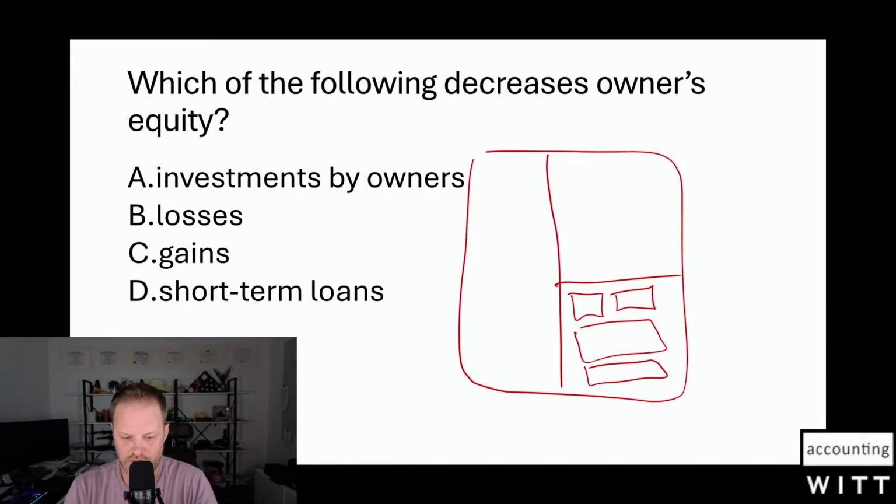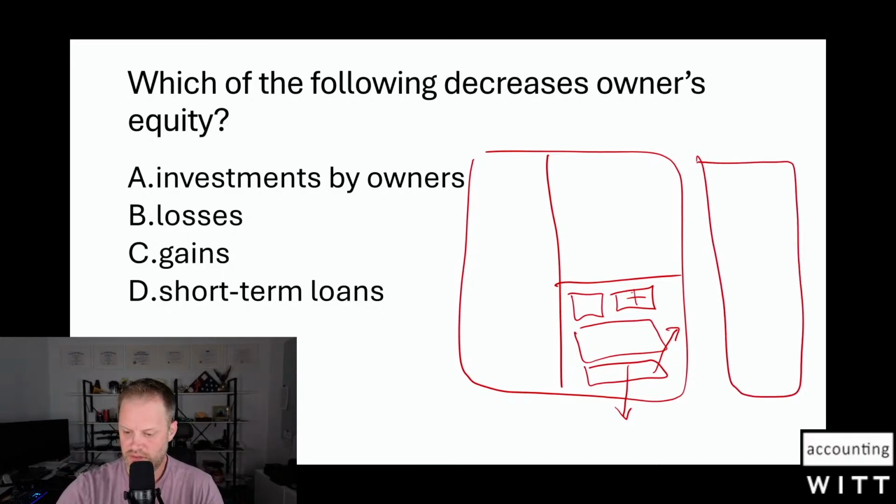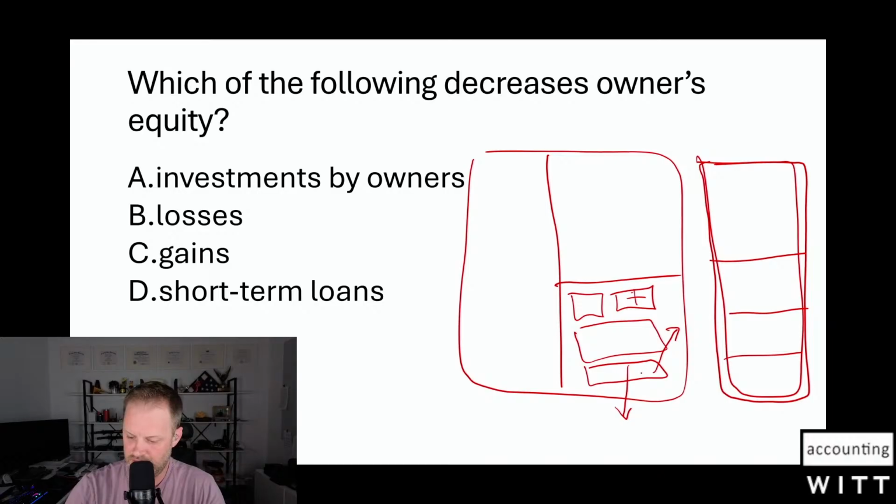All right, which of the following decreases owner's equity? Well, investment by owners makes equity go up. Losses makes equity go down. Gains makes equity go up. So maybe we draw it like this. Because all this net income is this box right there.